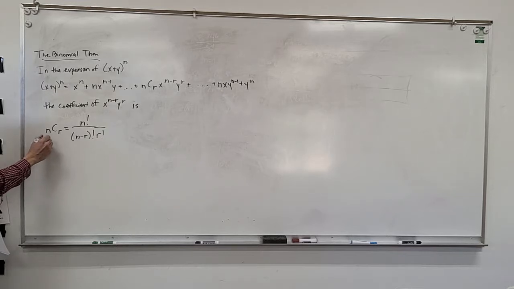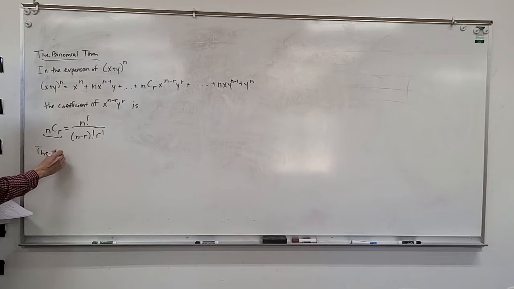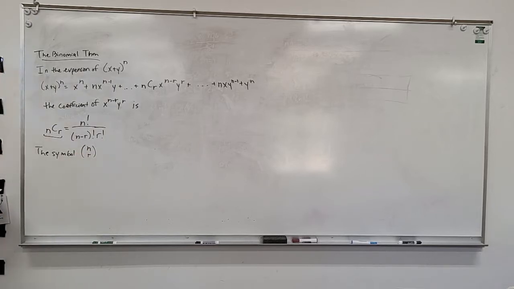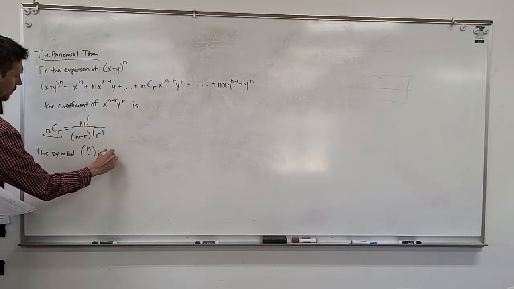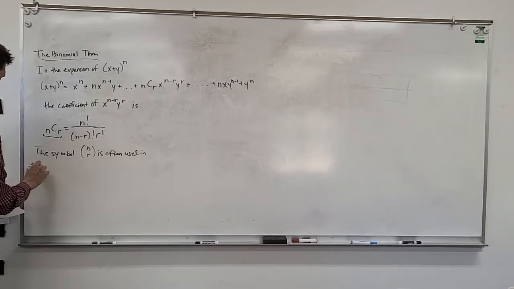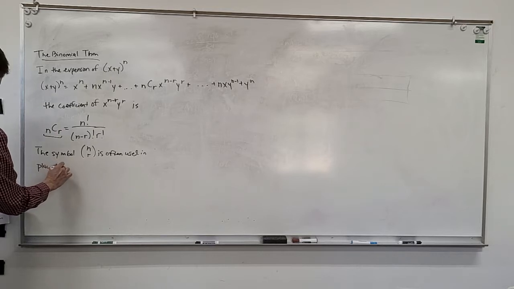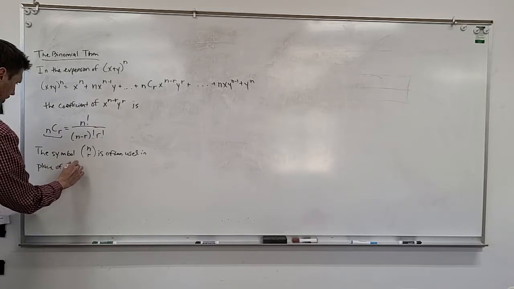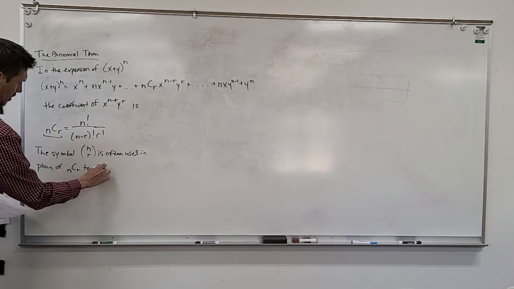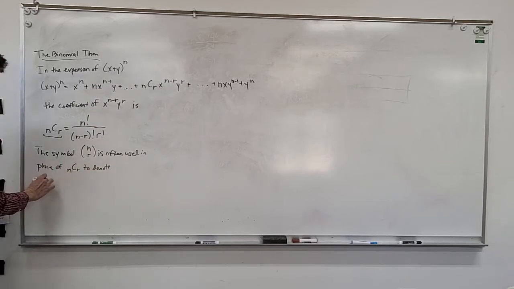Sometimes this portion is written like this, the symbol n r, which is often used in place of nCr to denote binomial coefficients.